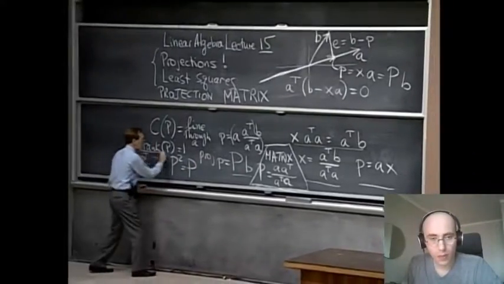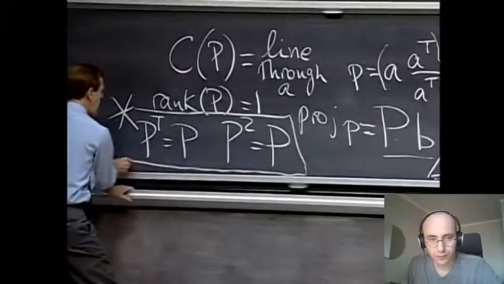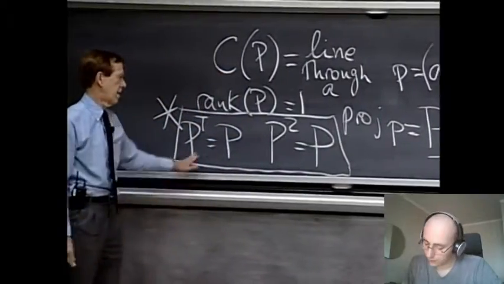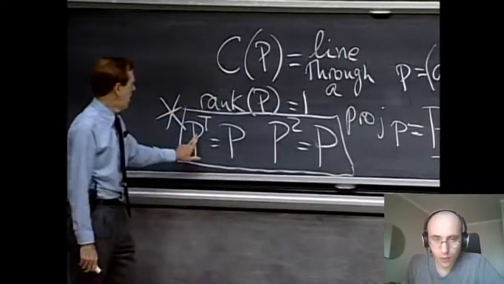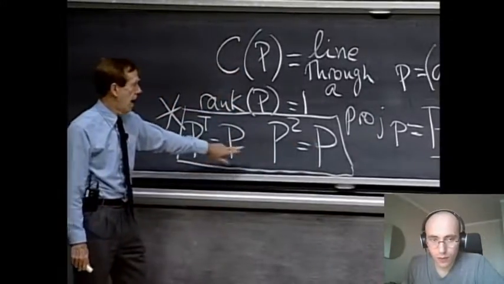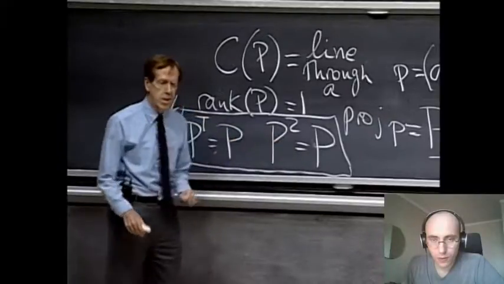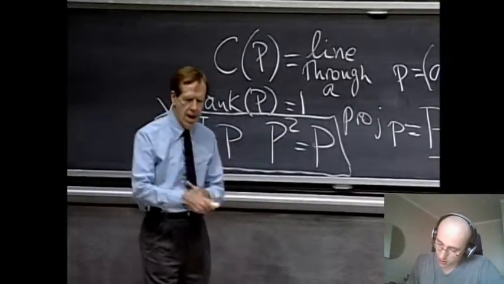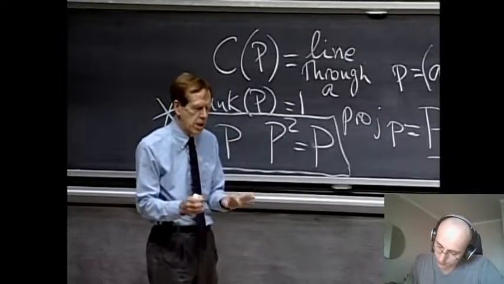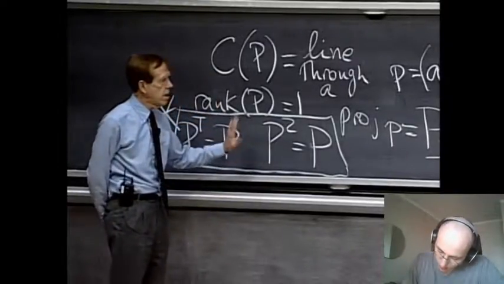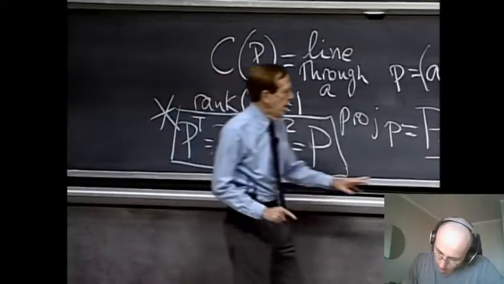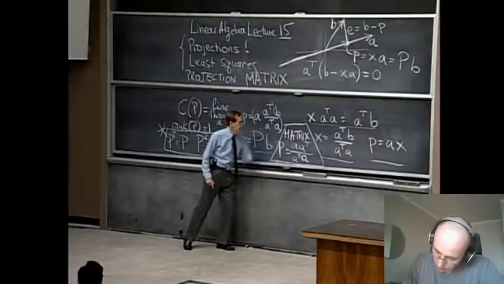Those are the two properties that tell me I'm looking at a projection matrix: it's symmetric, and its square is itself.